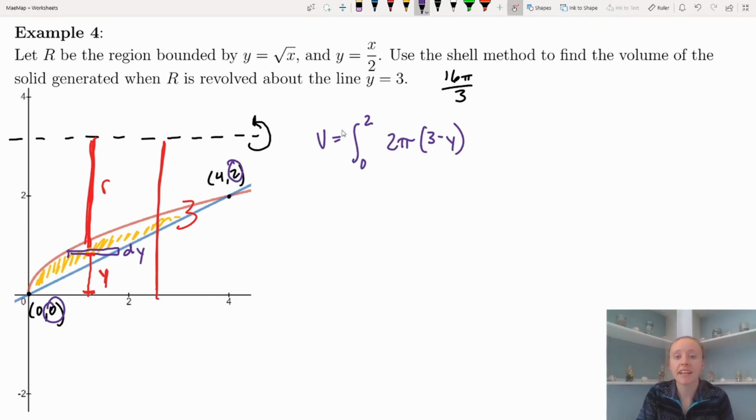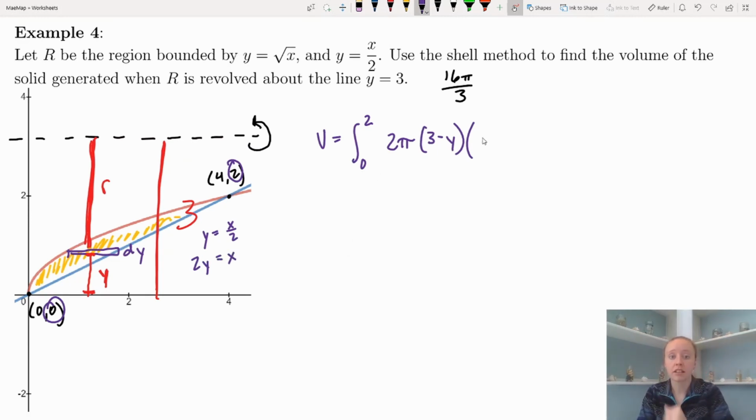All we need now is the shell height, which is right minus left, and we want those functions in terms of what variable? In terms of y, because we're integrating with respect to y. So the blue line in terms of y, this y equals x over 2, is going to be 2y equals x.